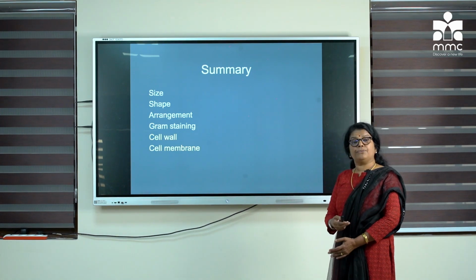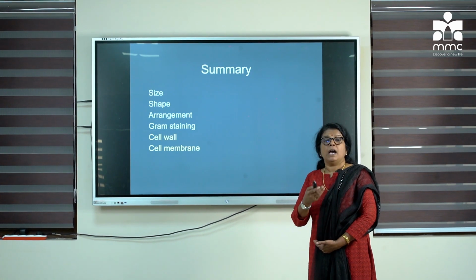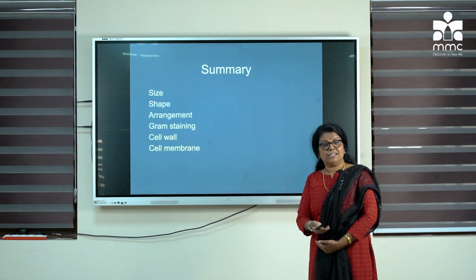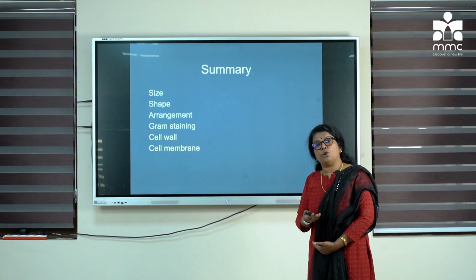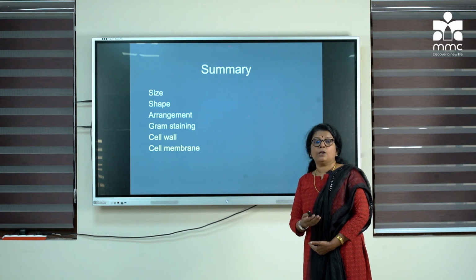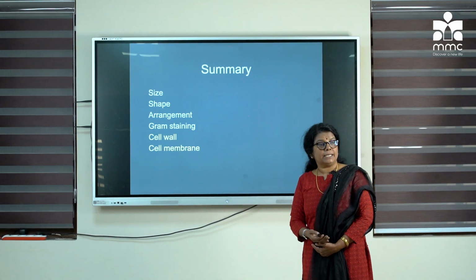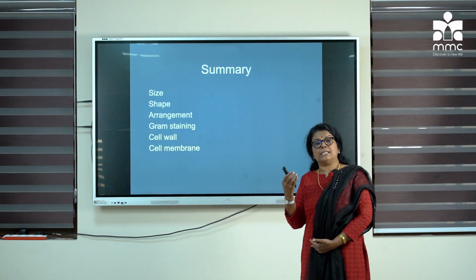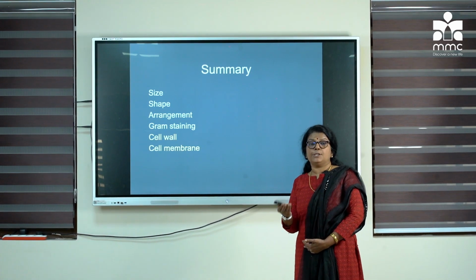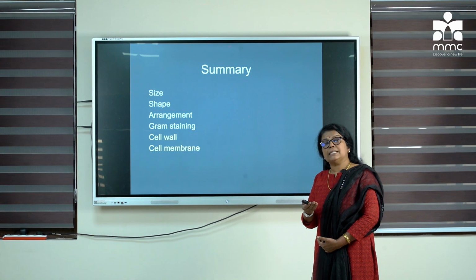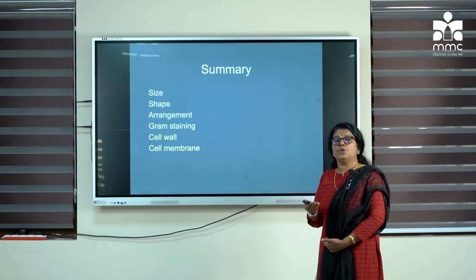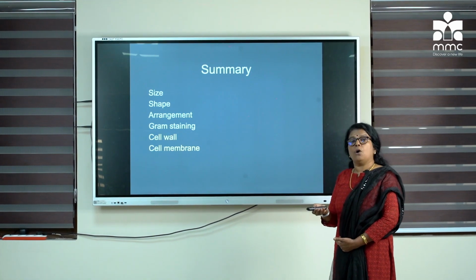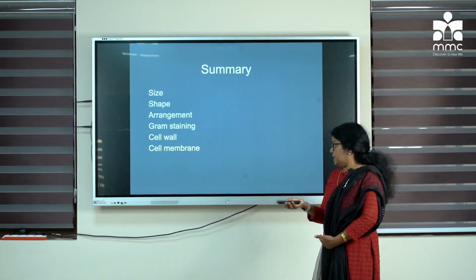Then you can have the different types of arrangement also, either singly or scattered or in pairs or chains or in clusters. Accordingly, you have different bacterial examples. Streptococci are seen in chains, staphylococci are seen in clusters, and in pairs you can have gram-positive as well as gram-negative bacteria like pneumococcus, meningococcus, all these are seen in pairs.